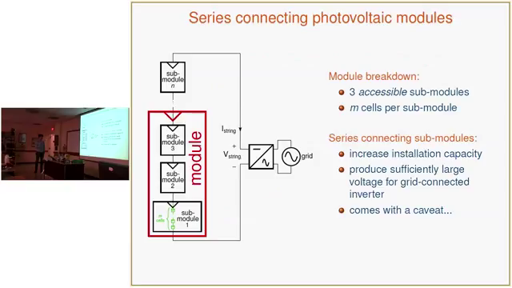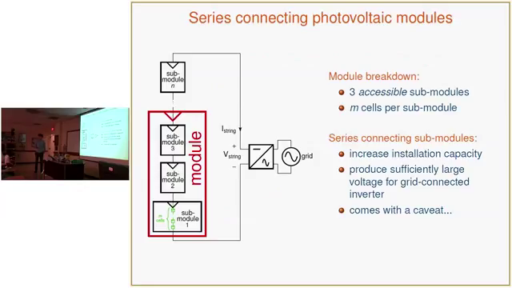So when I say PV module, I mean that it's essentially a PV panel, like a lot of you are familiar with that term. It's interchangeable with PV module. And a module is typically composed of 3 to 4 submodules, where each submodule has a specific amount of series connected cells in the submodule.